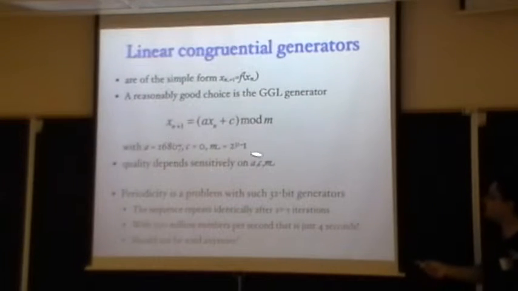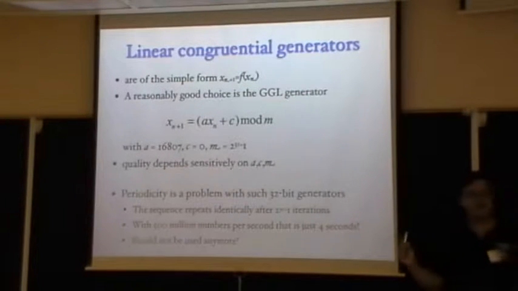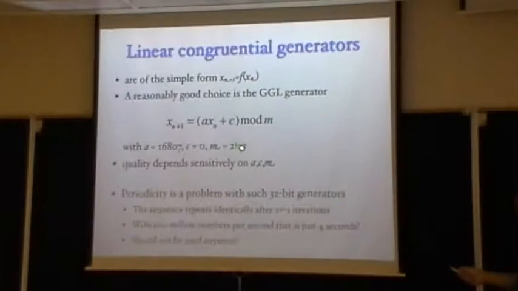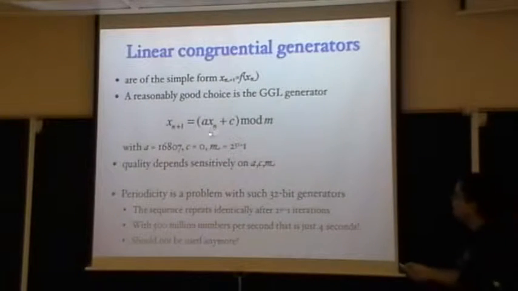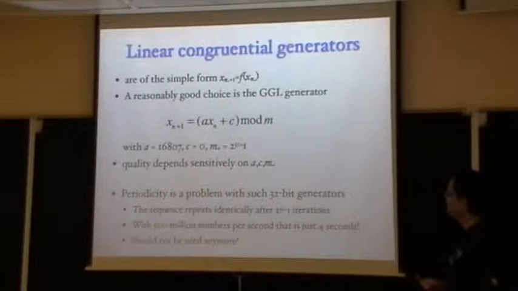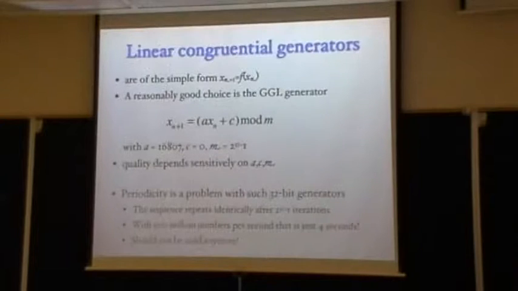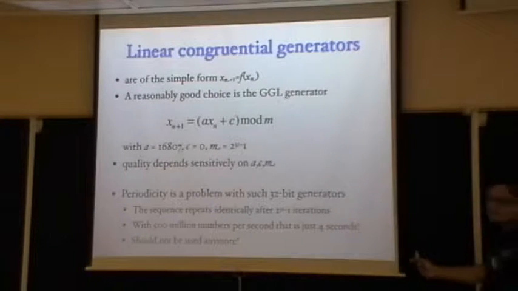If we choose the numbers wisely, then these are numbers that look pretty random, but if it's modulo 2 to the 31 minus 1, and it only depends on one previous number, then after 2 to the 31 minus 1 numbers, we get back to the starting value, and the sequence repeats identically.